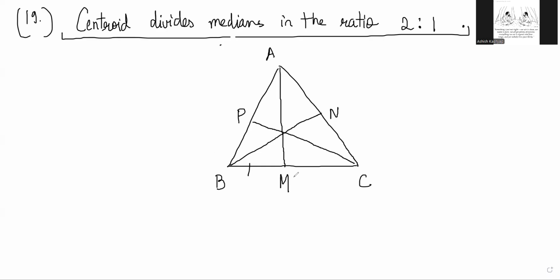These are medians, right? I want to prove that for the point G, AG by GM is 2:1. That's what I want to prove. AG by GM is equal to BG by GN is equal to CG by GP.